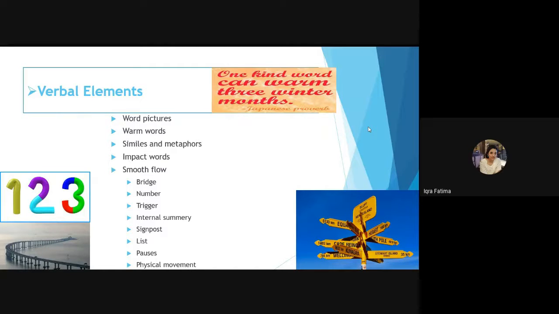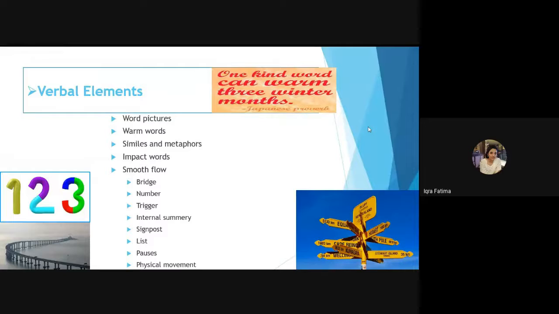So at that time, the audience has the idea that now he or she is going to end the presentation. So moving from one topic to another topic, if you are taking a pause which is a bit longer, that also gives your audience an idea that you are moving from one point to another point.